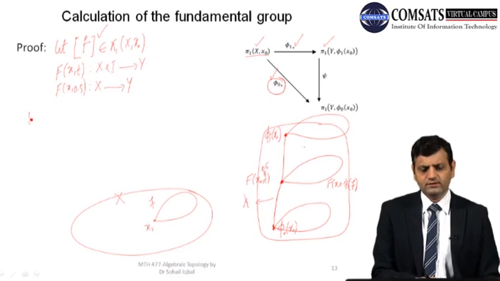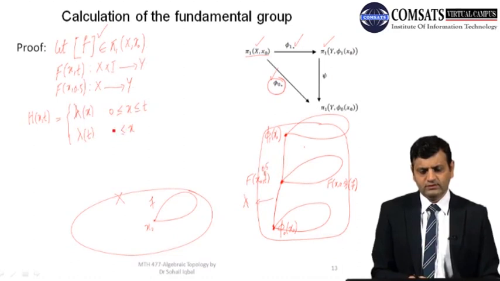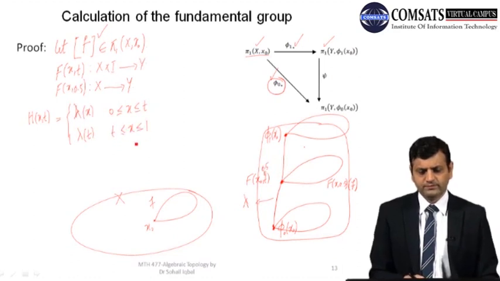Now consider this function h of x t, defined as lambda of x, where x lies between 0 and t, and this is equal to lambda of t for x lying between t and 1.